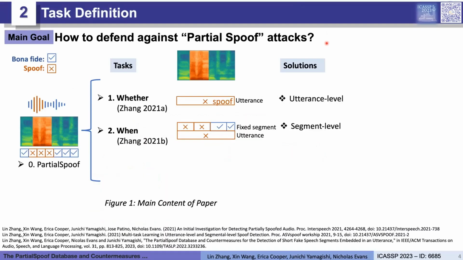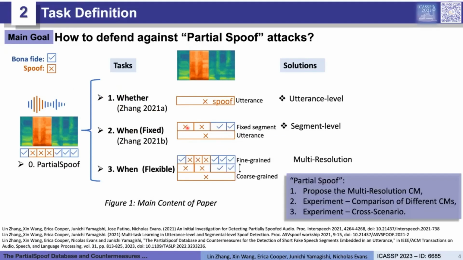So how do we defend against partial spoof attacks? We propose two different tasks, whether and when. Whether the input utterance is spoofed or bona fide. When do spoofs happen? We have two previous works on that, but there are some limitations. For example, the score at segment level can only represent a segment with a fixed length.